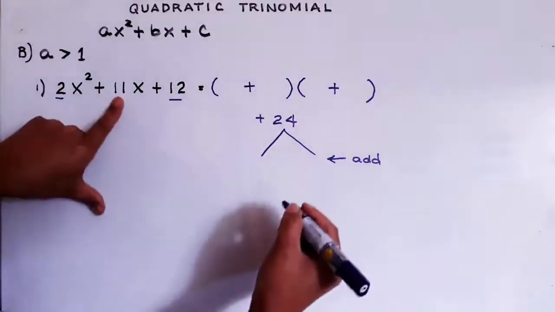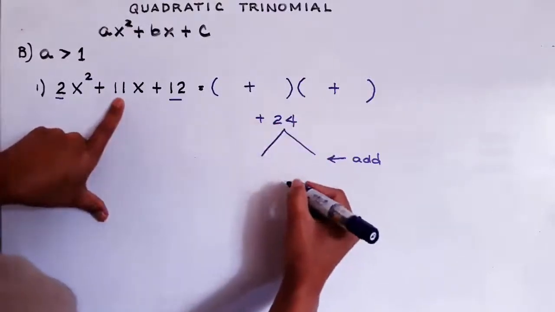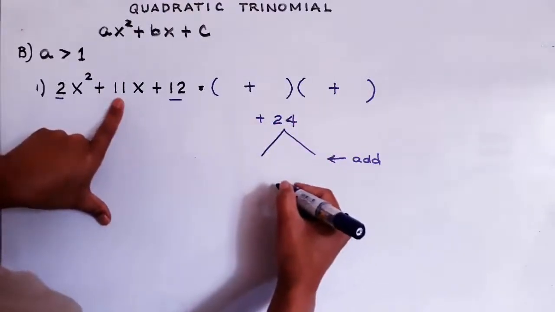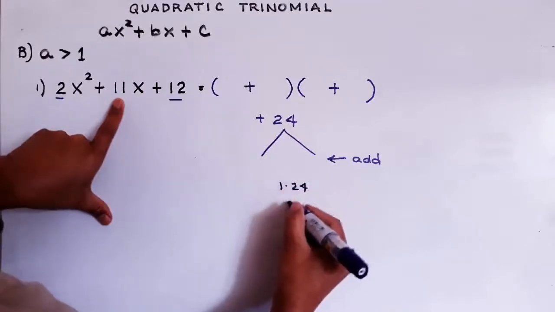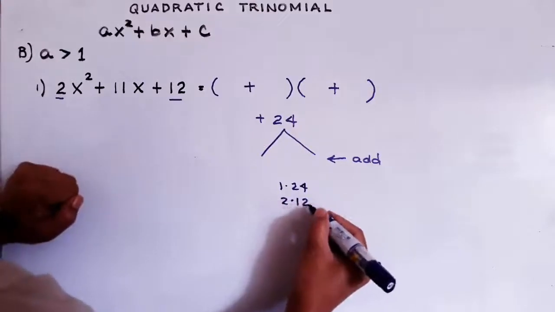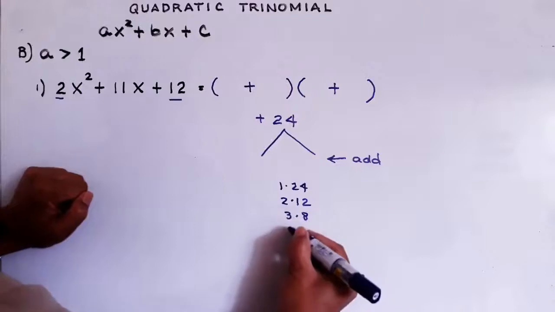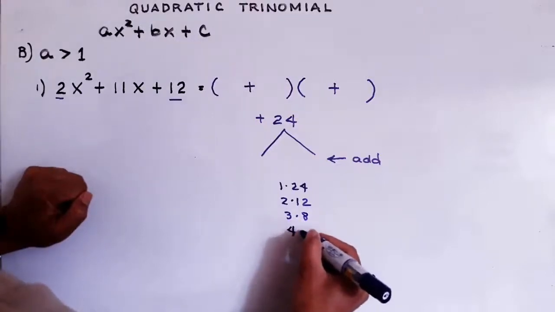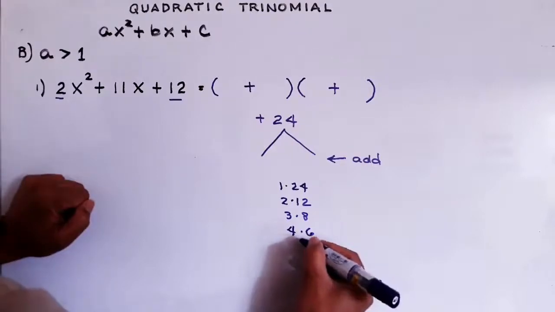If we are going to list down all the factors of 24, we have 1 times 24, 2 times 12, 3 times 8, 4 times 6, and 5, 6 is there already.